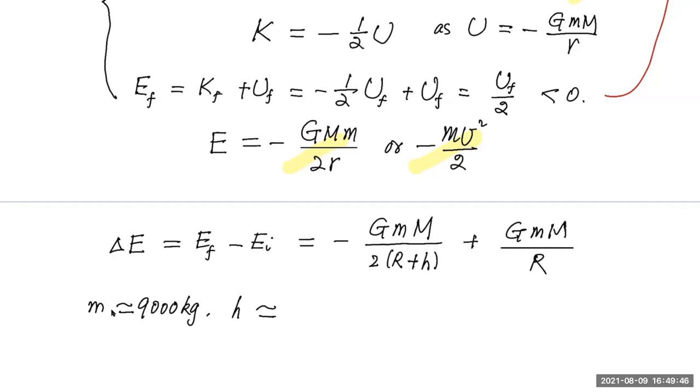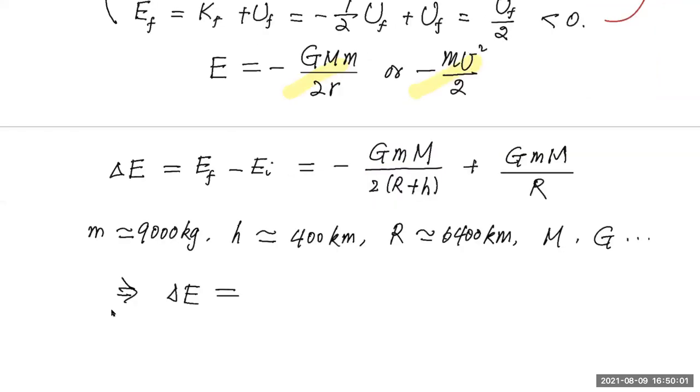And G, you also know what that is, okay? So those are no problem. So you plug that in and you find that delta E numerically is equal to about 3 times 10 to the 11 joules. Okay, so it's about 300 billion joules.